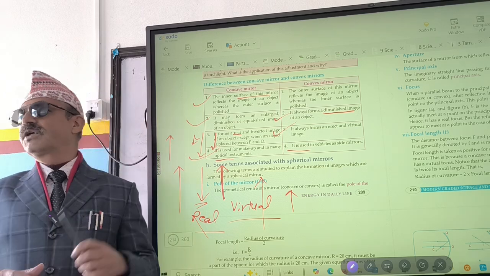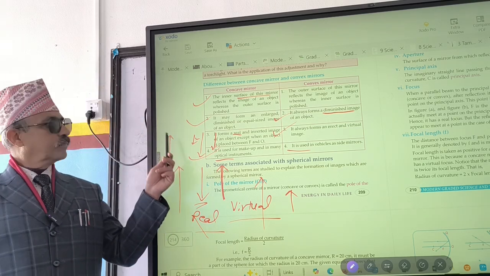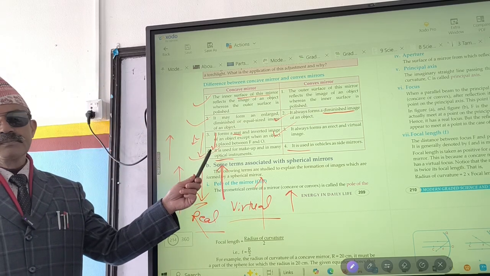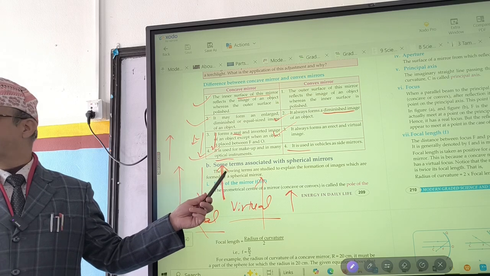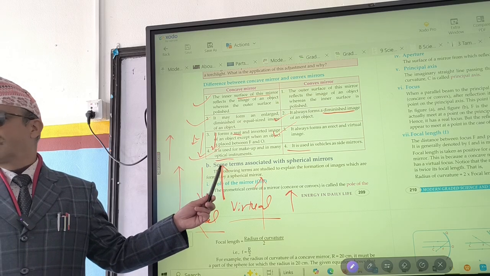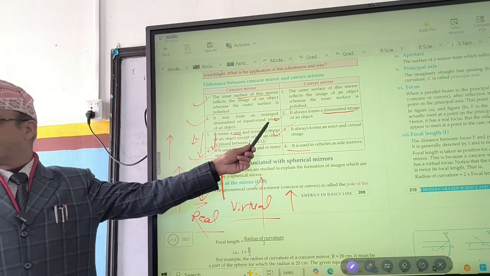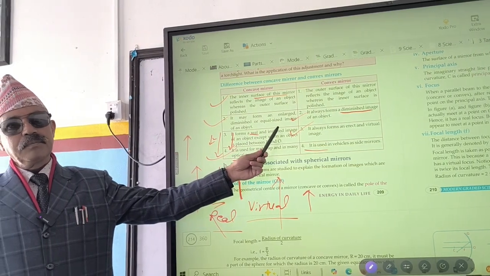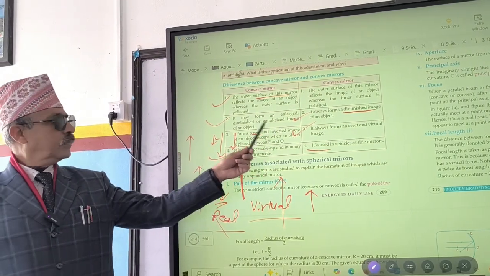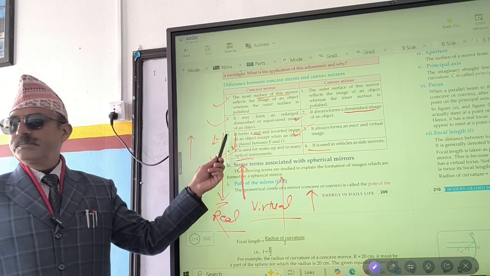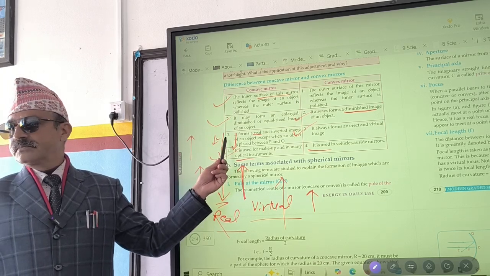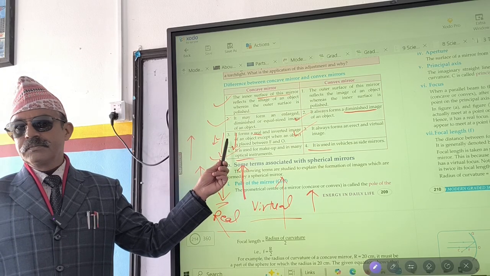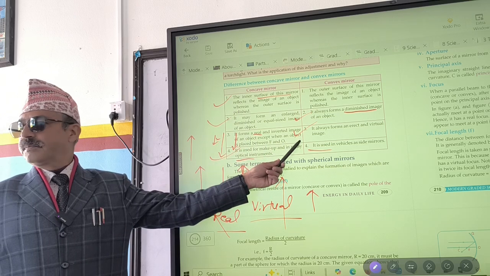Let's read together. Point number 1: the inner surface of this mirror reflects the light. Together, everybody. Number 1: the outer surface of this mirror reflects the light. Point number 2.